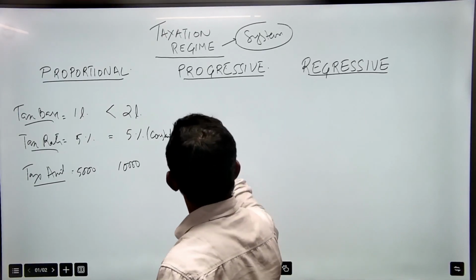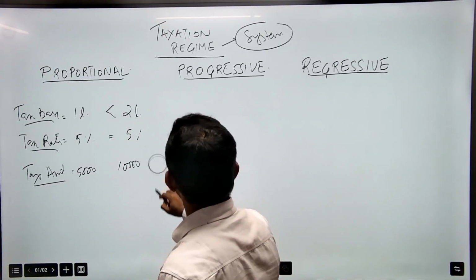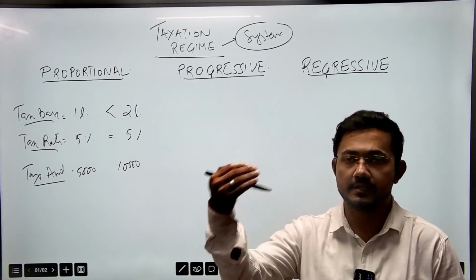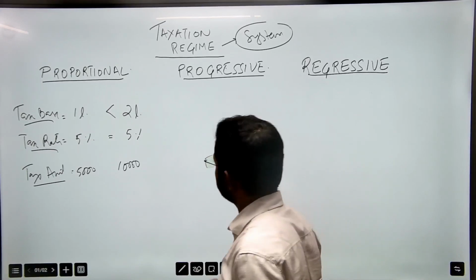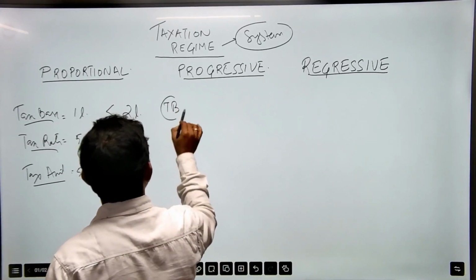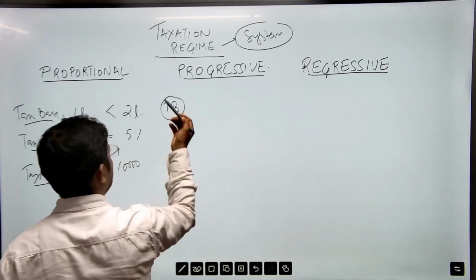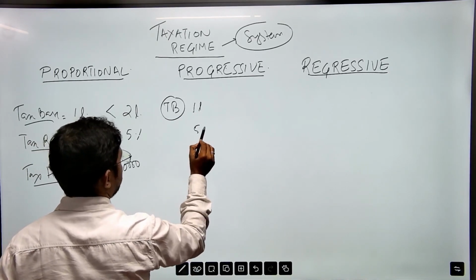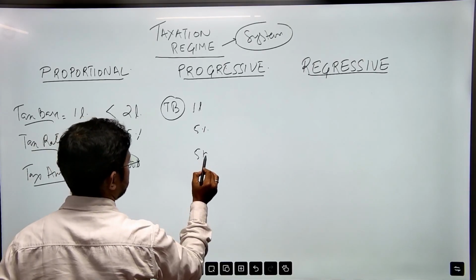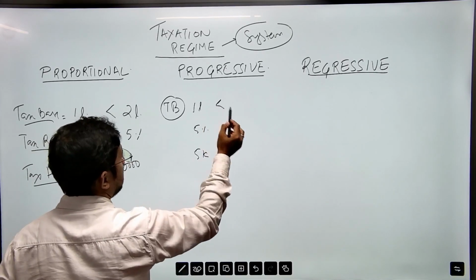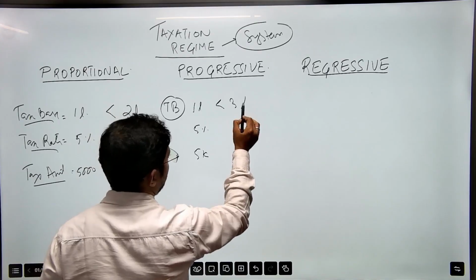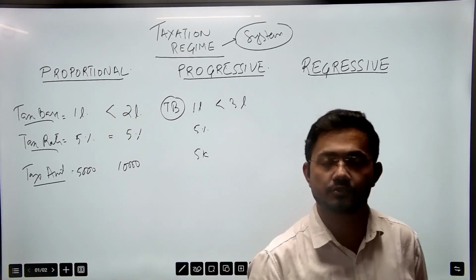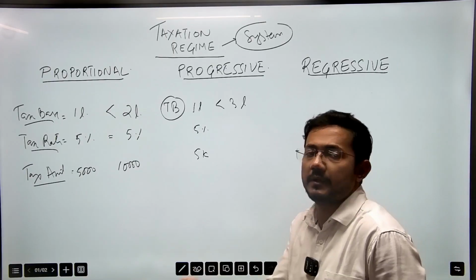Now let's see what we mean by a progressive tax. Progressive means to increase, to move forward. So what happens here? When your income was 1 lakh, your tax rate was 5%, your tax amount was 5,000. But your income has now increased, say to 3 lakh rupees. So what will happen? Your tax rate will also increase. And how much increase, that depends upon the government.